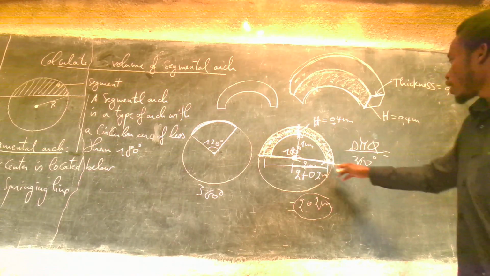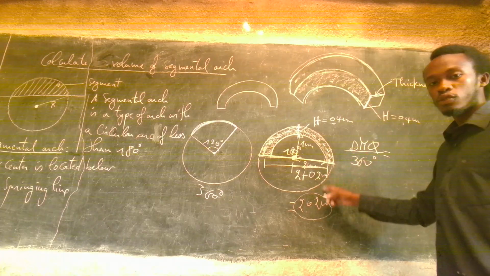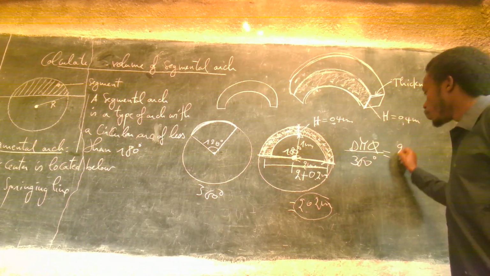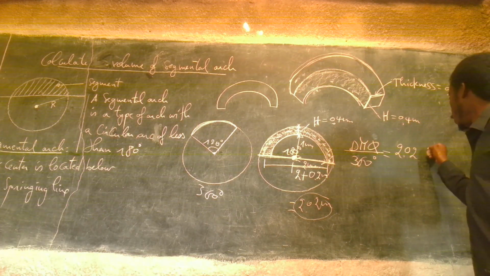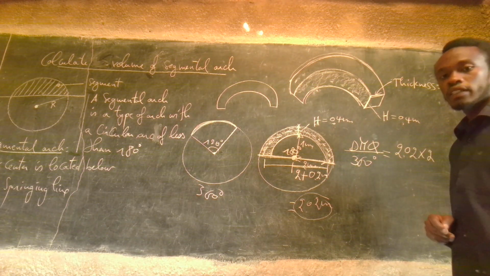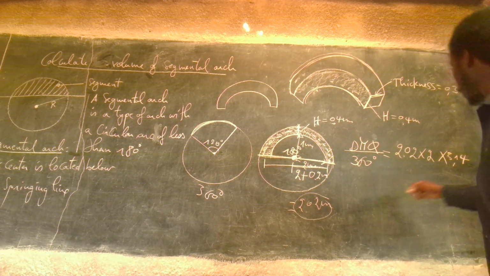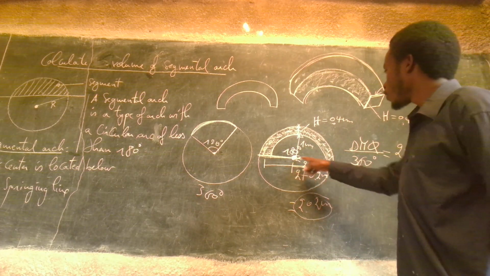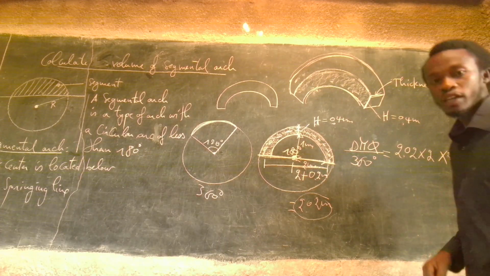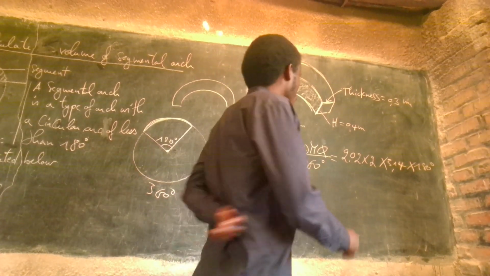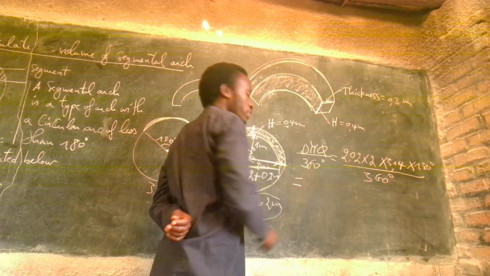So the length of this shaded area will be equal to the diameter, which is the radius times 2. That will be equal to 2.2 times 2 in order to get the diameter, times 3.14, which is pi, times the angle, 180 degrees, divided by 360 degrees.